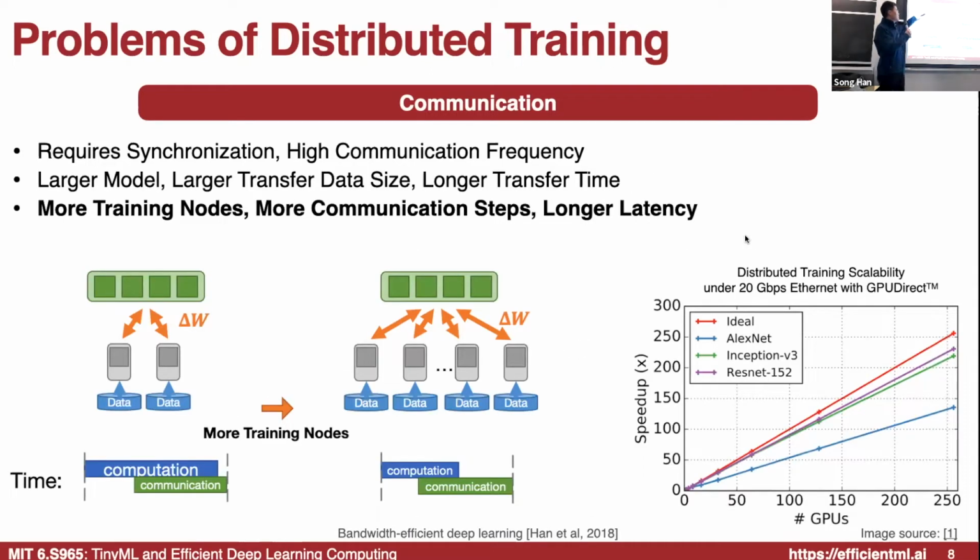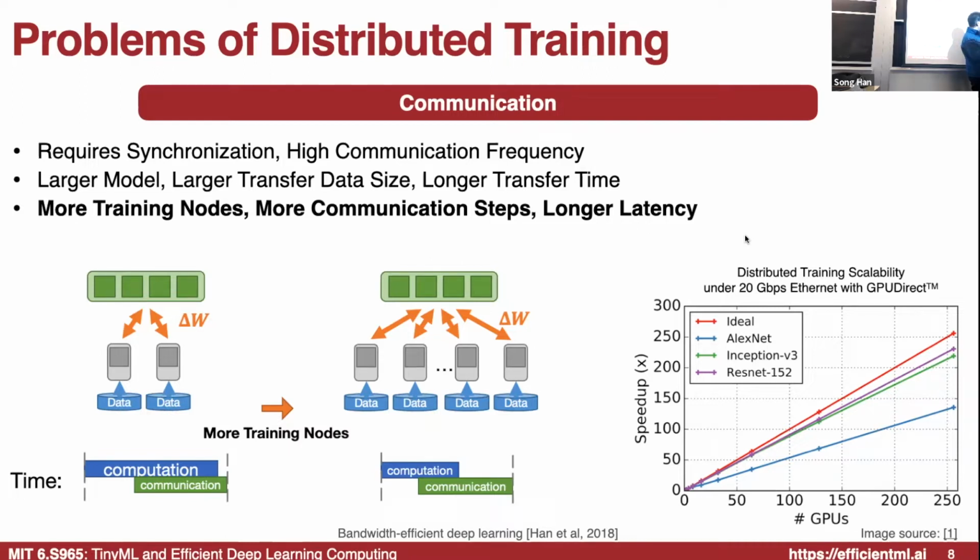As we scale up the number of training nodes, if you have more communication steps and longer latency, soon this part becomes the bottleneck. This is the ideal speedup as you have more GPUs. Most of the models are not ideal, especially those big models.